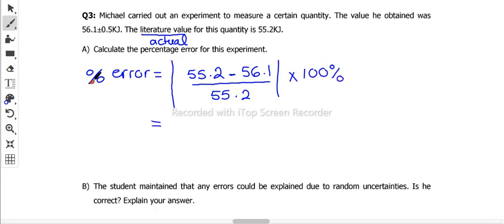The absolute value is important to overcome the negative, and your final answer is 1.63% and you are done.